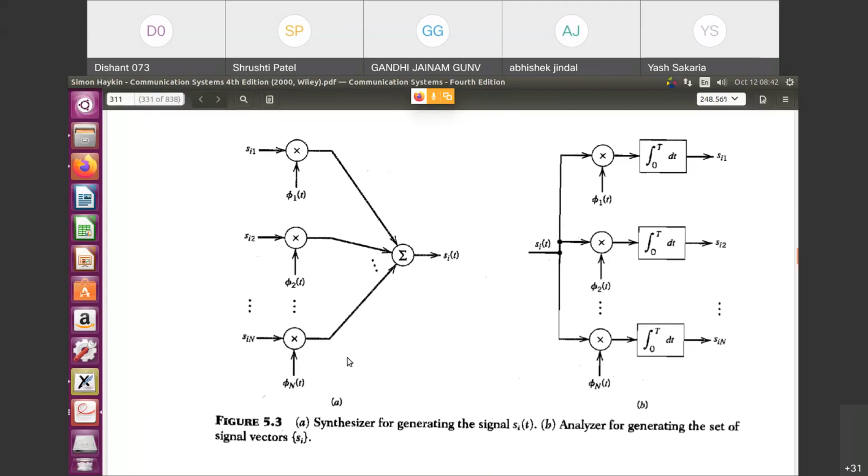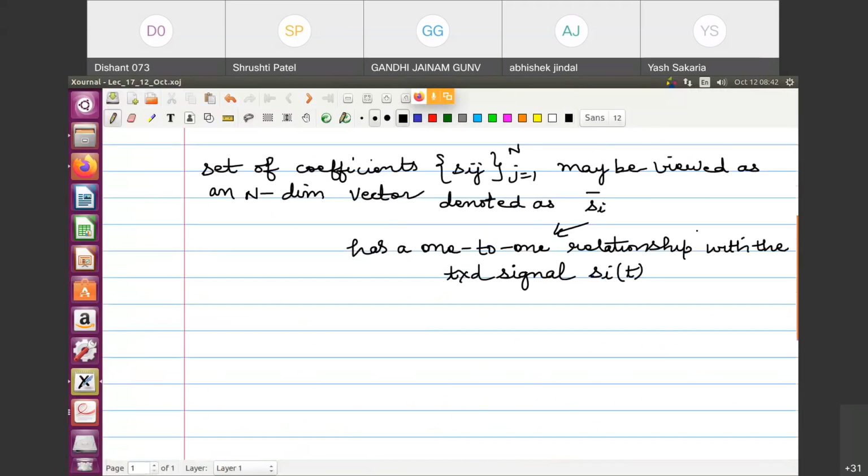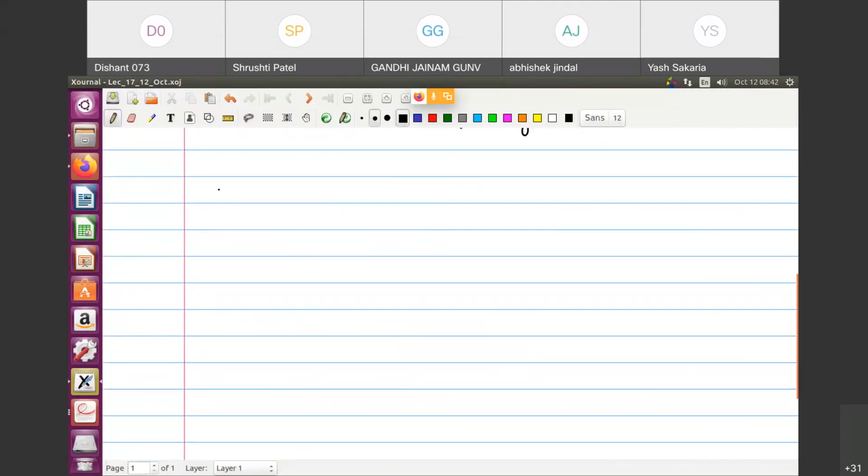So this is pretty much what we need to understand. Let me write it down, for the purpose of completion. Let's see figure 5.3 from Aiken's textbook.